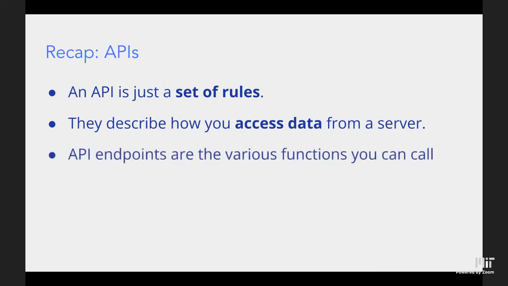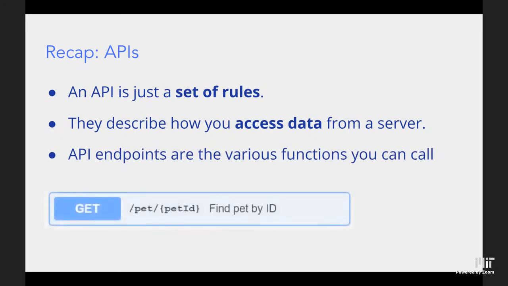And the different API endpoints are just the various functions that you call. So when you're programming, just remember that an API is basically, at the end of the day, just a function call that you can make across the internet. Like, you imagine writing a Python function, it would just run on your own computer. Now you can imagine it's a Python function that's sort of running across the internet.